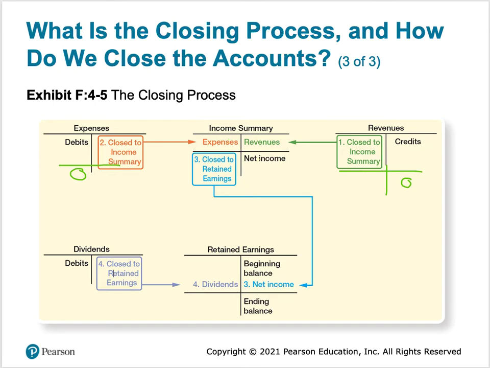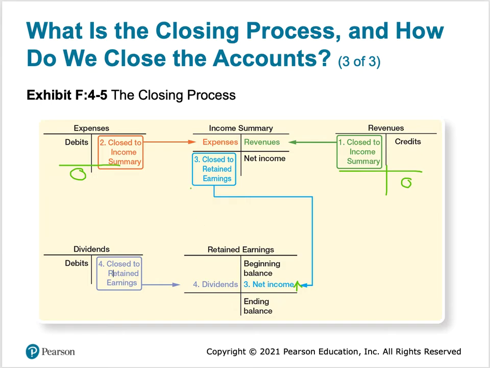And that will provide us with a net income or a net loss. The third step is to close the income summary account to our retained earnings account. And so if we have a net income, that'll give us a credit balance on the income summary, which means we will debit income summary and credit retained earnings, which increases our retained earnings account.